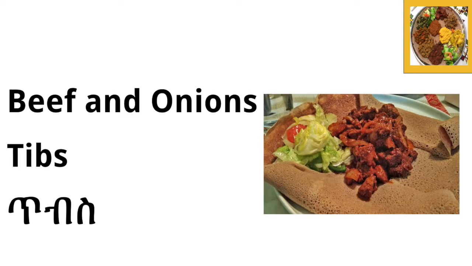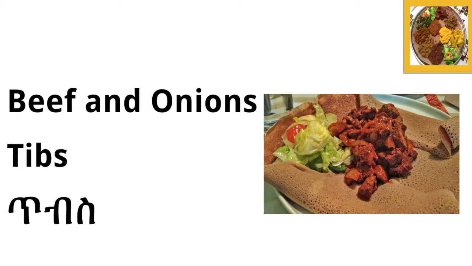So probably one of the most common Ethiopian dishes is called tibs. It's like just pan-fried beef and onions, and depending on how you make it, you can have a lot more things in it. Like people will put tomatoes and garlic and jalapeno peppers and other things.